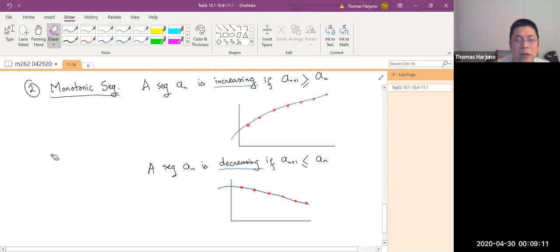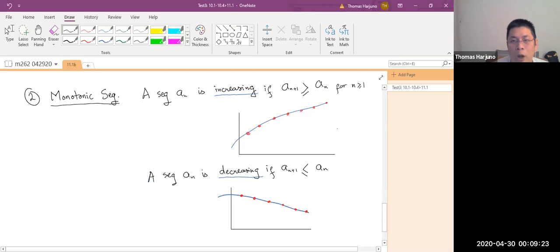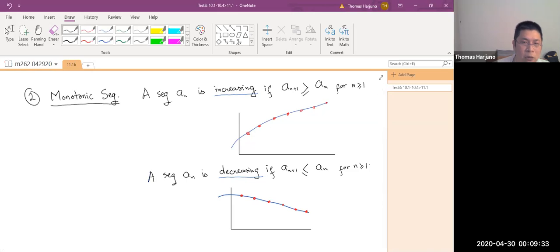Also, we say that a sequence is increasing or decreasing if this inequality holds consistently for any n, at least from 1, because we usually start from 1, right? From the first term and on, it keeps on increasing or keeps on decreasing. Then we call that sequence increasing or decreasing.